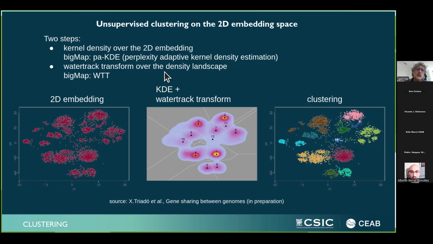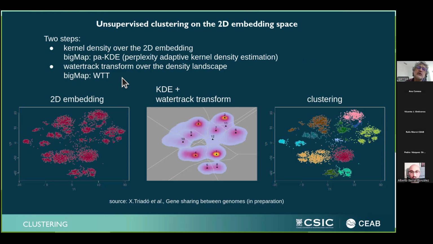So we use perplexities to determine adaptive bandwidths for the kernels that we use on each data point to build the kernel density estimation function, which is shown here with contour colors.